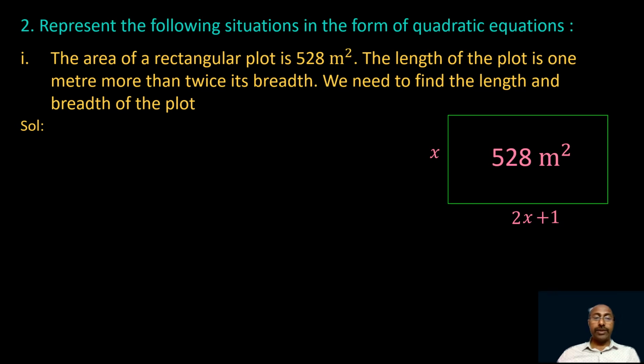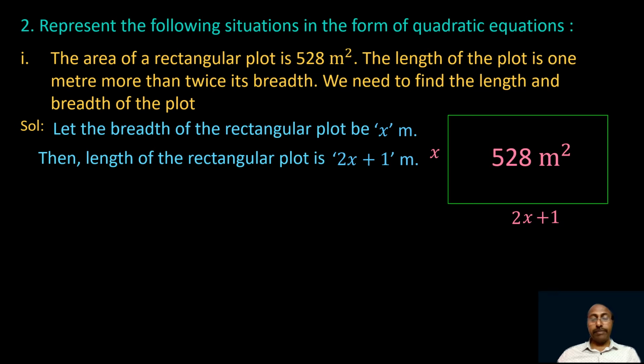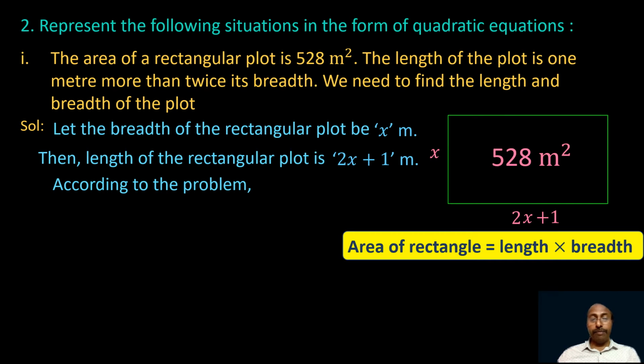Okay, so now let's write: let the breadth of the rectangular plot be x meters, then the length of the rectangular plot is 2x plus 1 meters, and according to the problem, the area of the rectangular plot is 528 meters square. We know that area of the rectangle is length into breadth, so length into breadth is equal to 528.